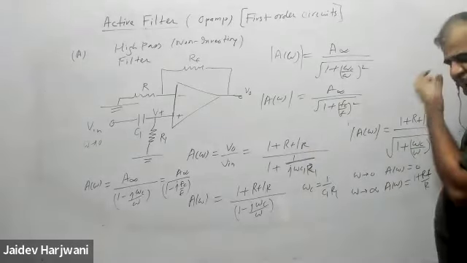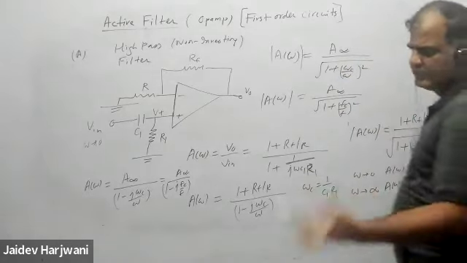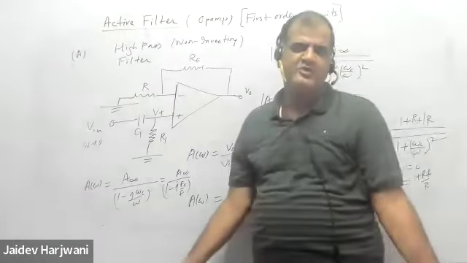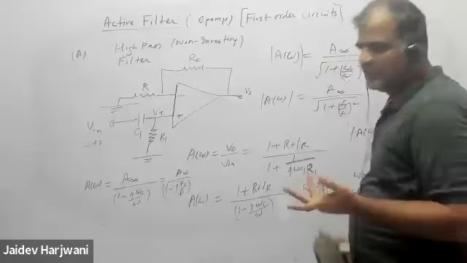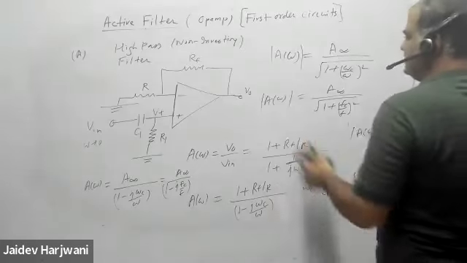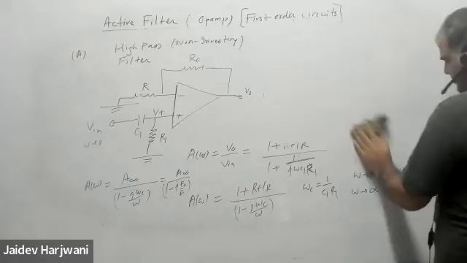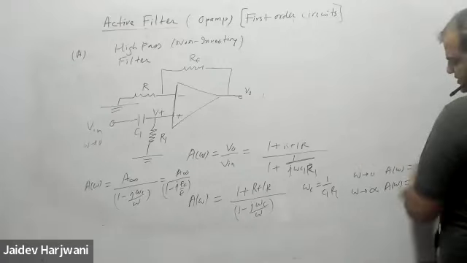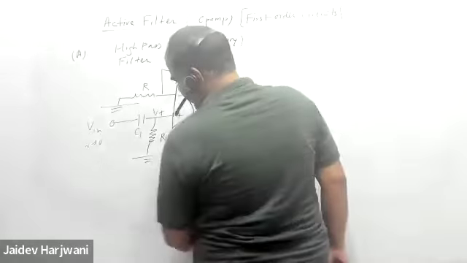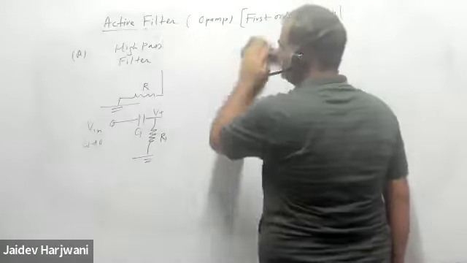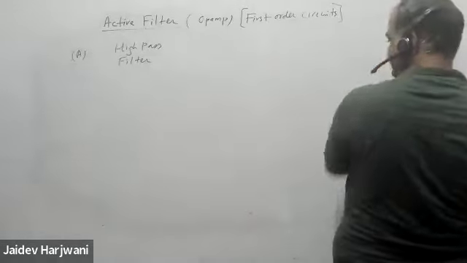That's why I didn't do AC separately, because this is the AC calculation. You just replace XC by 1 by J omega C, and XL by J omega L, that's it. Everything else remains the same method. You should know some complex analysis, because whenever J is involved you have a phase and a magnitude, but you do those things in your mathematical physics, so I think you won't have any problem.